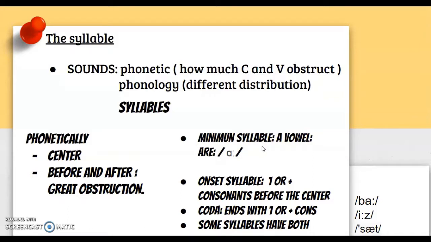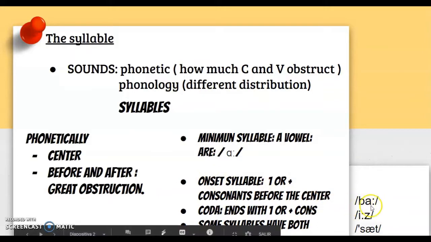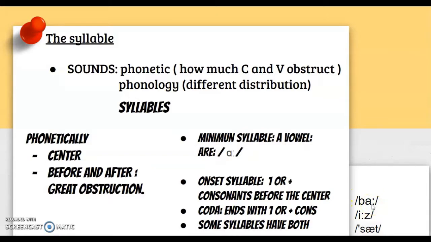Some syllables have an onset, and that is, instead of a silence, they have one or more consonants before the center, preceding the center of the syllable. For example, the word ba. This is an onset syllable, because it has a consonant, an obstruction, before the vowel.